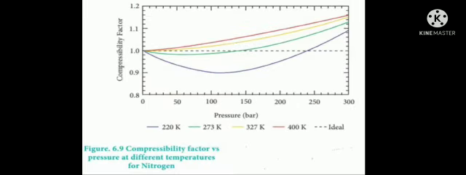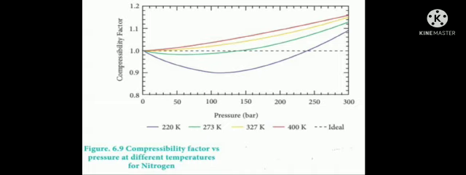We have one more graph which shows the compressibility factor Z versus pressure P at different temperatures for nitrogen gas. Here in this graph, the deviation occurs at different temperatures. The violet line indicates a temperature of 220 Kelvin.